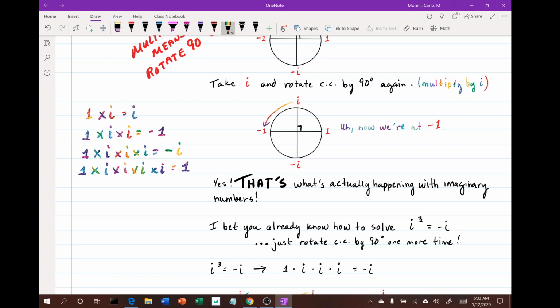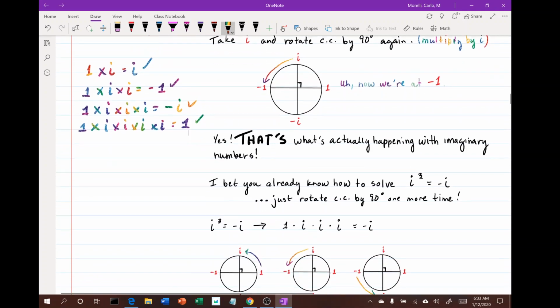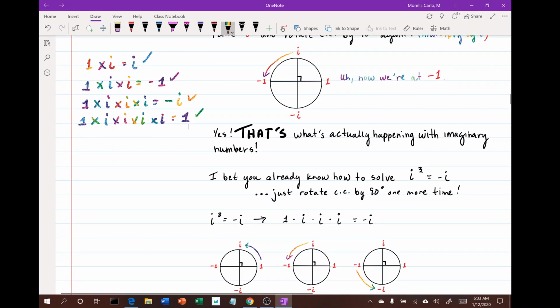So we're going 1 times i to the first, 1 times i to the second, or i squared, 1 times i to the third, or i cubed, and 1 times i to the fourth will take me from i to -1 to -i and all the way back to 1. Okay? So that is what imaginary numbers are all about. So we already did this.